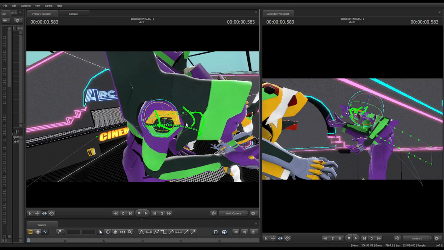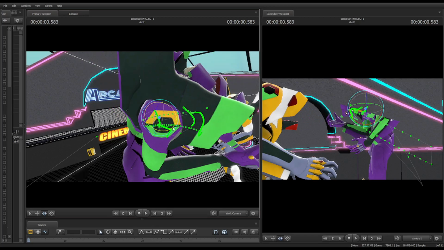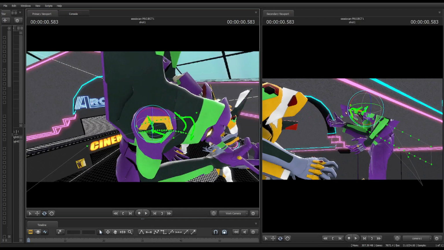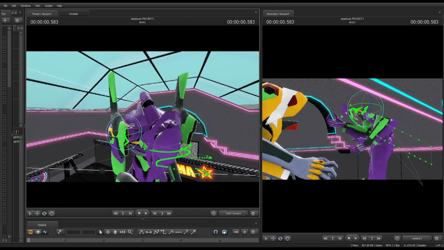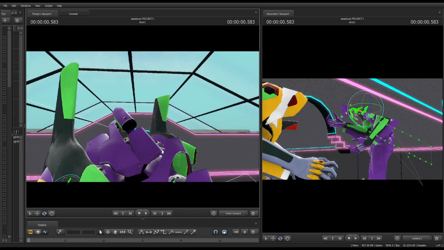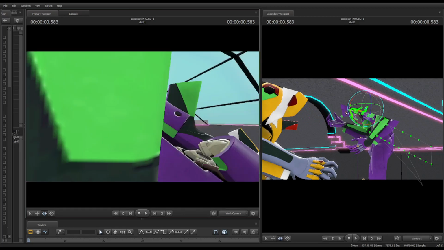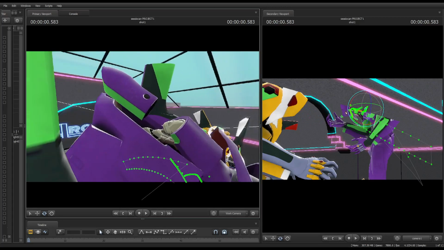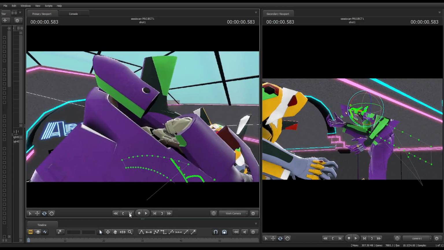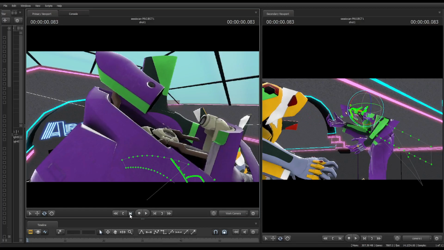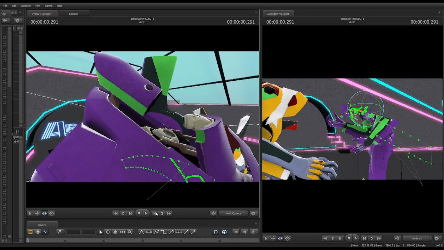Next part, I think I'm gonna make this a whole series where I just animate and show you guys the animation process and I ask you for tips and advice. But yeah, right here, you can see the entry hatch, the entry plug. There we go. Yeah, you can see it just slowly close.